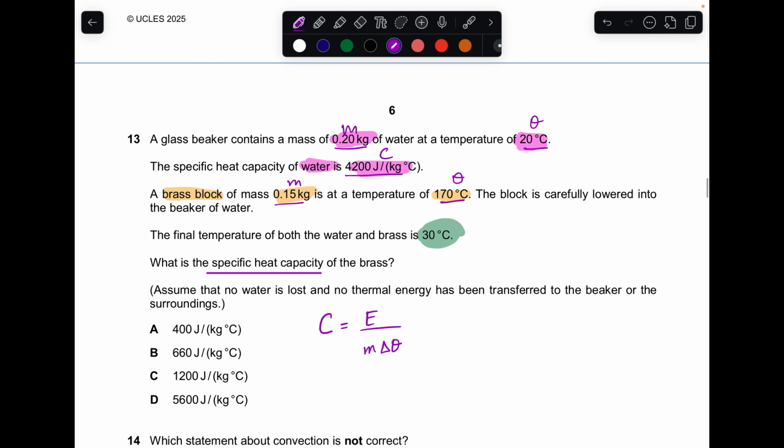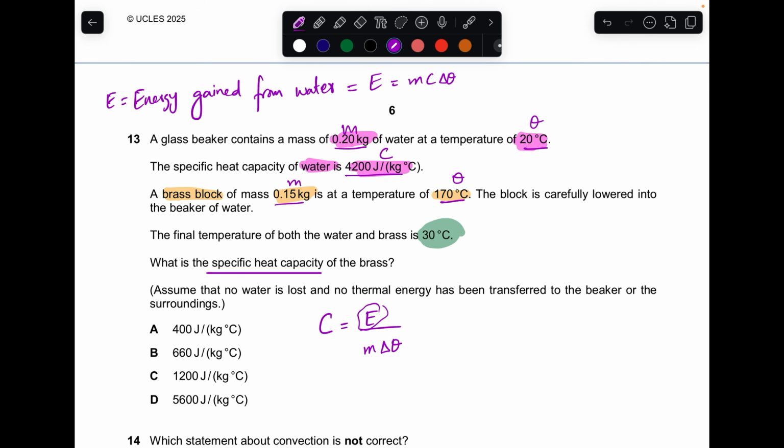So this E is energy gained from the water. How much energy is gained from the water? The same amount that the water loses. So energy is equal to m c delta theta, we know, right?